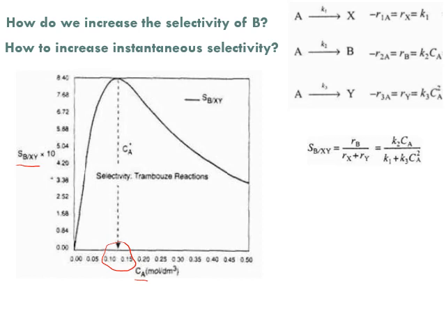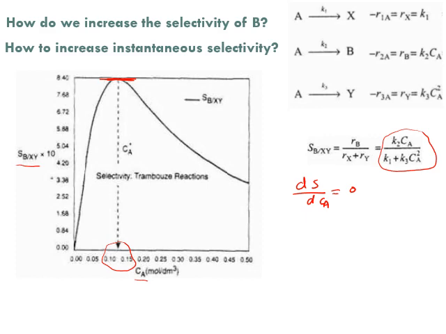Do you want to find the exact concentration? You can read it from the figure, or you can use the derivative. Remember, we have dS over dCA equals 0 at this location, because at the maximum value of selectivity, the derivative with respect to CA is 0. Do you know how to take the derivative of this function? It's very simple.